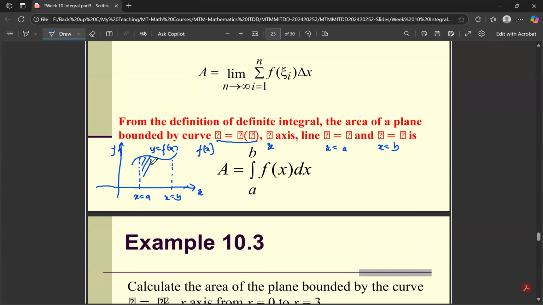So this is the region we want to get the area of.